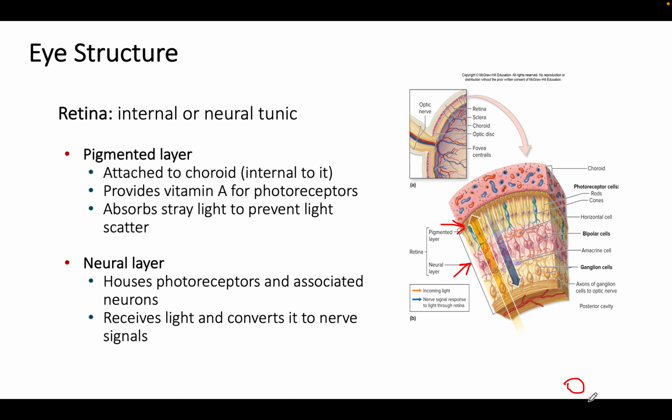Light passes through here, and it actually goes through this neural part of the retina, through our photoreceptors, and strikes this pigmented epithelium, and then the signal turns around and goes this way, and then goes along the neural part of the retina here. So it's almost backwards from what you may think in terms of the direction of light and the direction of the action potential. Okay, and we'll talk about these sublayers of the retina here in just a little bit.